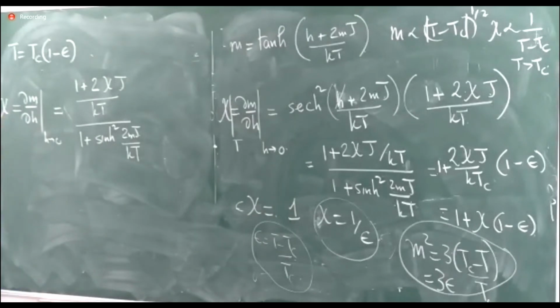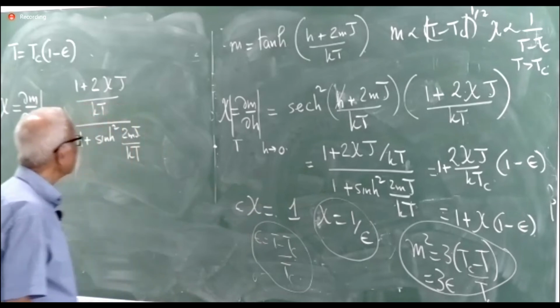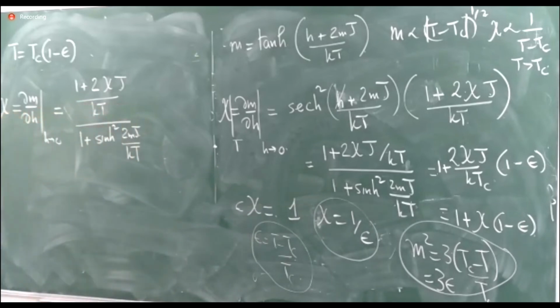So that part holds without any doubt. So this is the part of it, and now the game changes because I am at T equal to Tc minus epsilon, 1 minus epsilon.